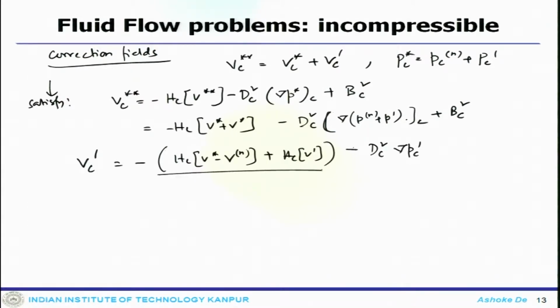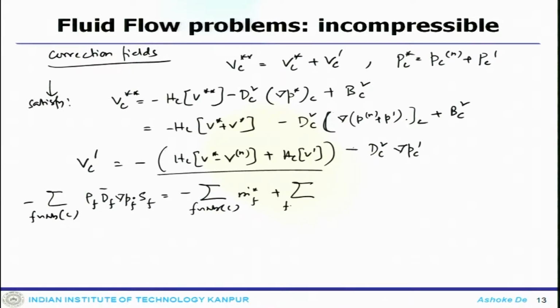So, this particular term, if you substitute in the continuity equation, you will get back summation f NBC rho f df delta Pf dot Sf equals minus summation f NBC m dot star f plus summation NBC rho f Hf V star minus Vn plus H bar V prime dot Sf.